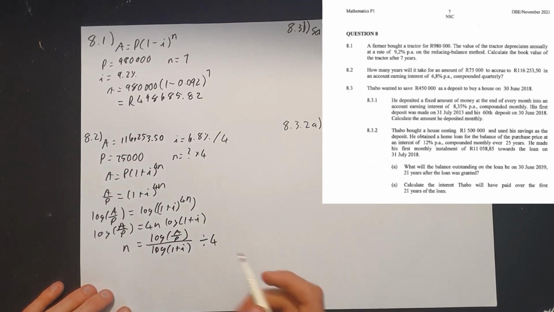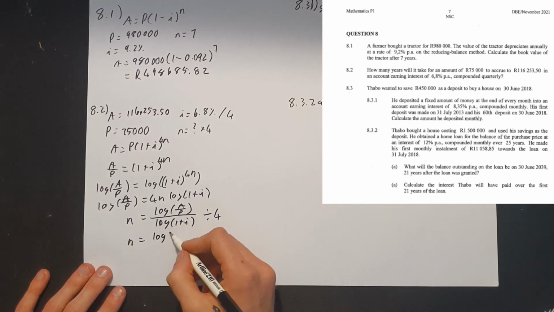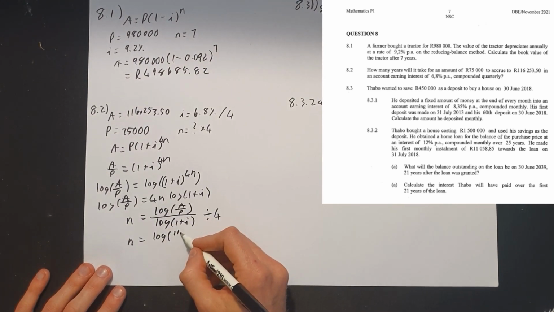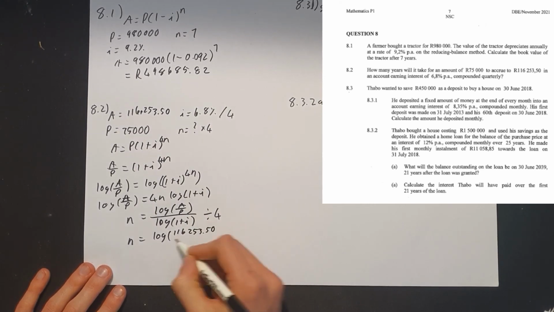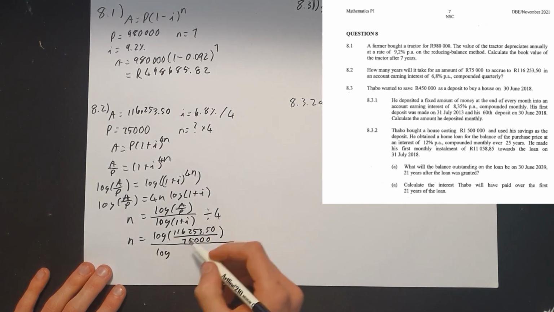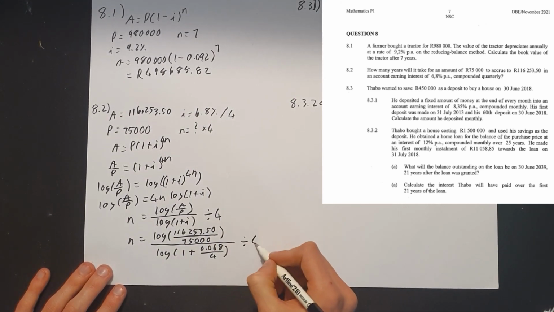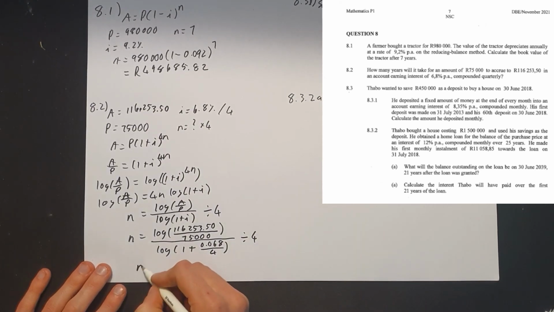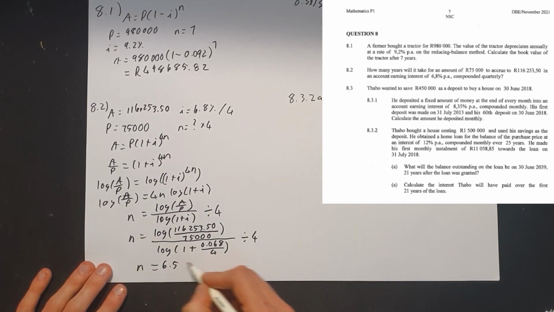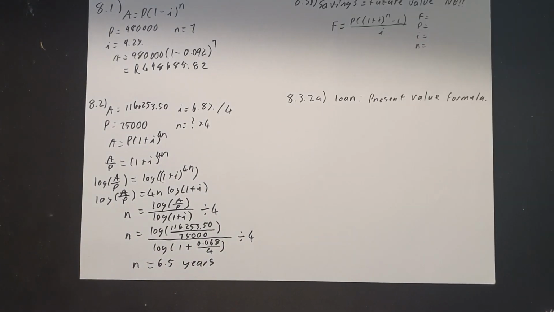Now if you plug your values in, N equals log of 116,253.50 over 75,000, all over log of (1 plus 0.068 divided by 4), because it's compounded quarterly, and then we divide this whole thing by 4. If you plug it into your calculator, you'll get an N value of 6.5 years. And that's how we do that. Sometimes it is better to first manipulate and then plug in your values.